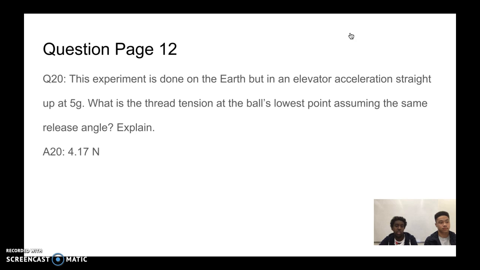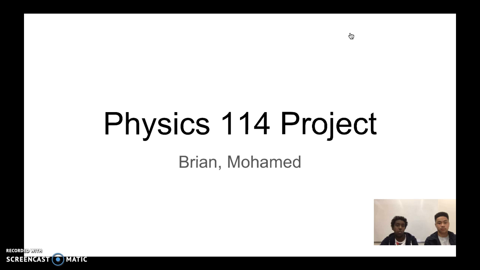This was all of our presentation on this experiment. Explaining more overall, this experiment took careful precision of the angles that we measured and many trials to release it at the right angle.